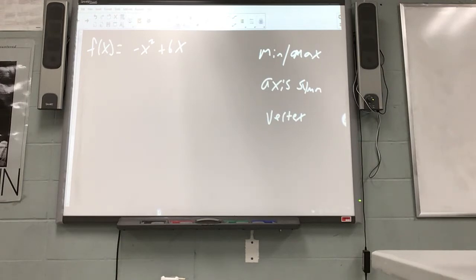For the axis of symmetry, would this be 2 times 1 or 2 times negative 1? 2 times negative 1, very good.